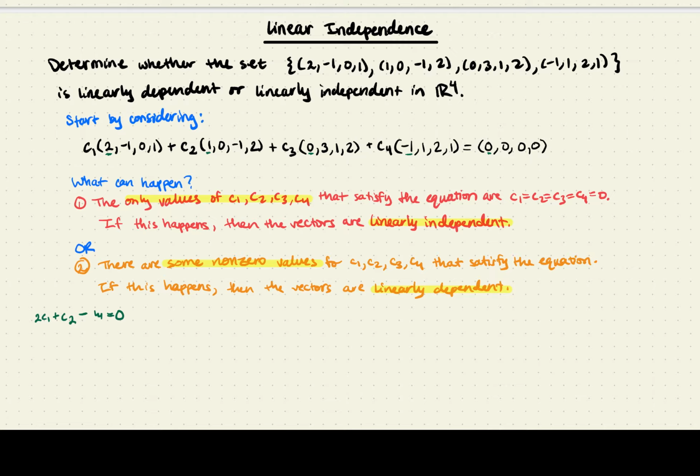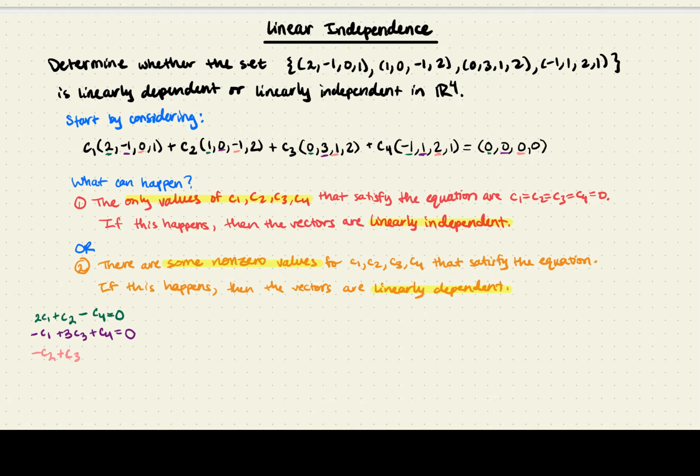The next elements tell me that negative 1c1 plus 0c2 plus 3c3 plus 1 times c4 equals 0. So that's negative c1 plus 3c3 plus c4 equals 0. Then my third components of each vector give me a third equation.